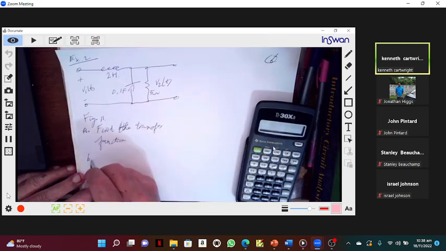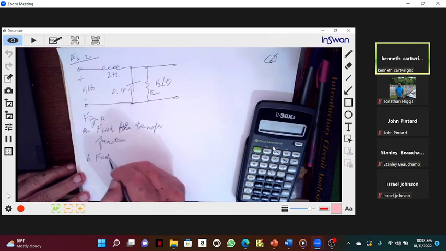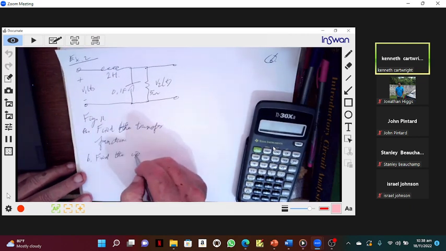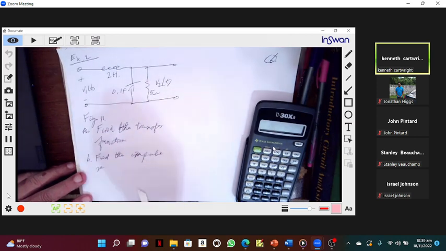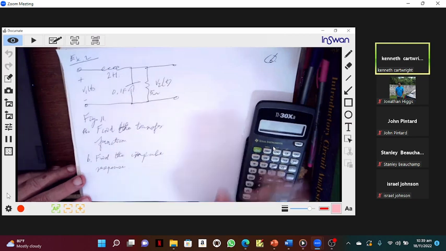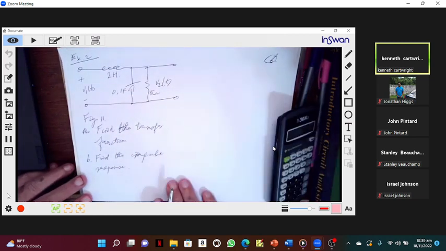Question B is going to be find the impulse response. All right, what do we need to do to find the transfer function?